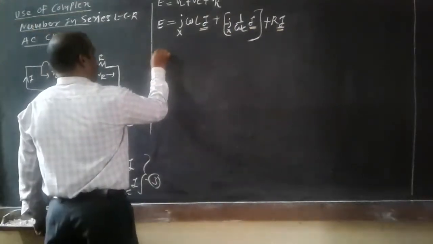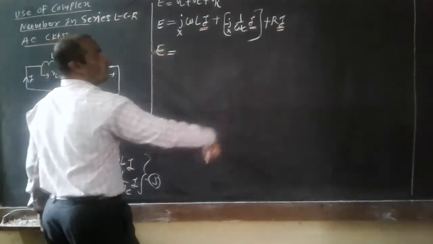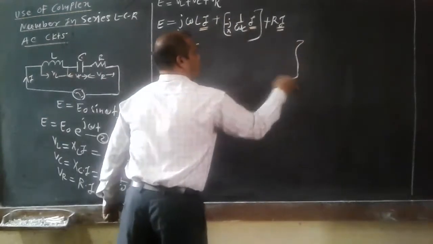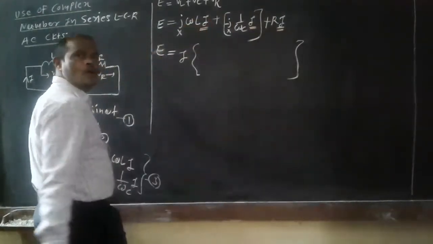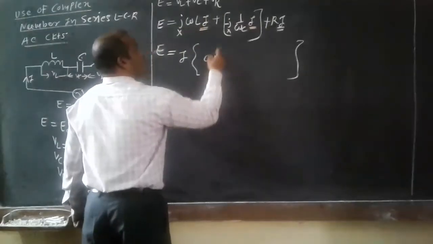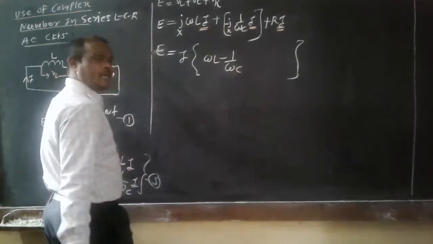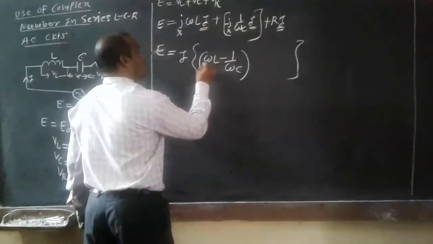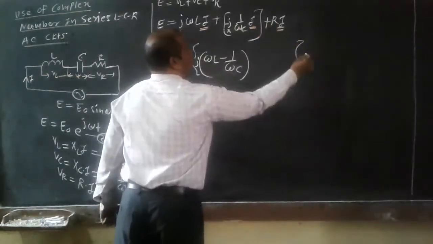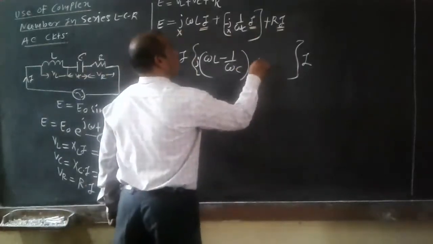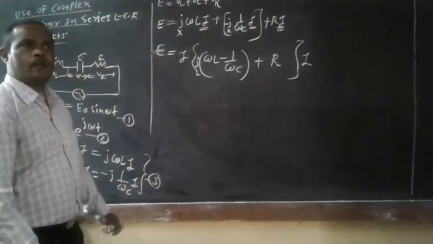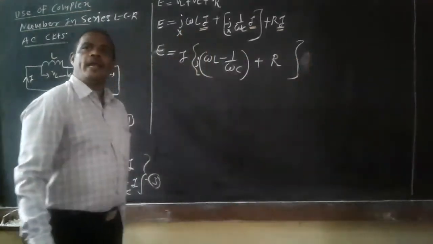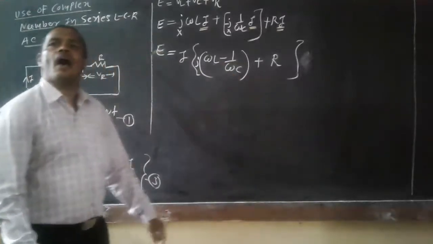So we get the total voltage E equal to I into a curly bracket, in which the remaining terms are j times omega L minus 1 upon omega C, plus R. So E is equal to I into curly bracket j omega L minus 1 upon omega C plus R.